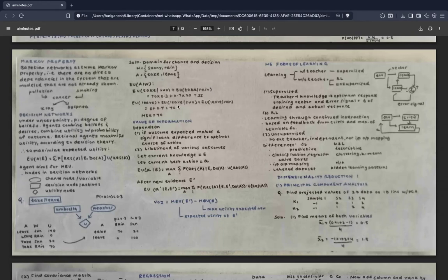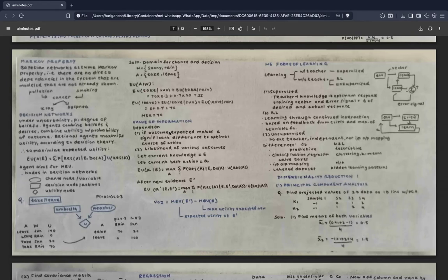Leaving it when there's sun is 100, times 0.7, which is 1 minus 0.3, and the rest is 0, so it's just 70. So the maximum of both of these is 70, so the maximum expected utility is 70.